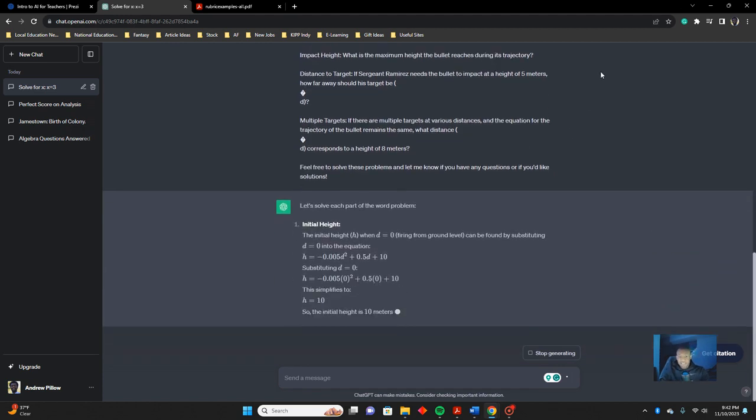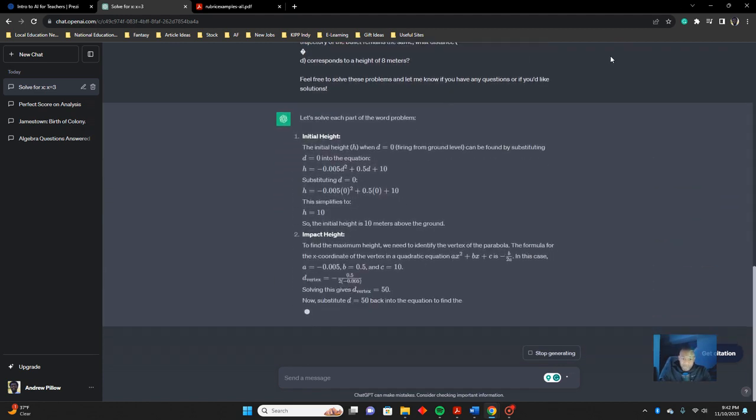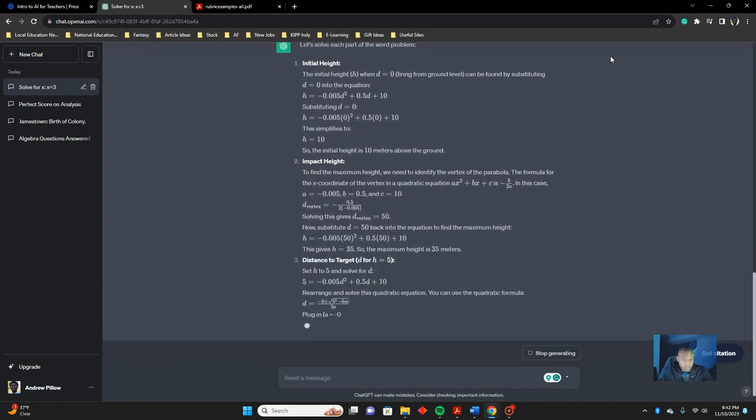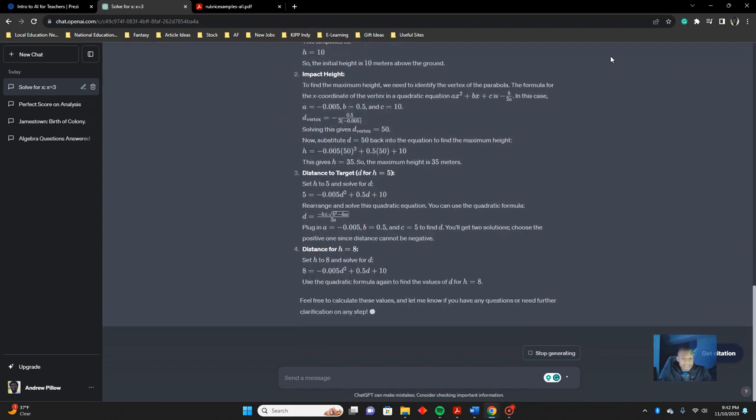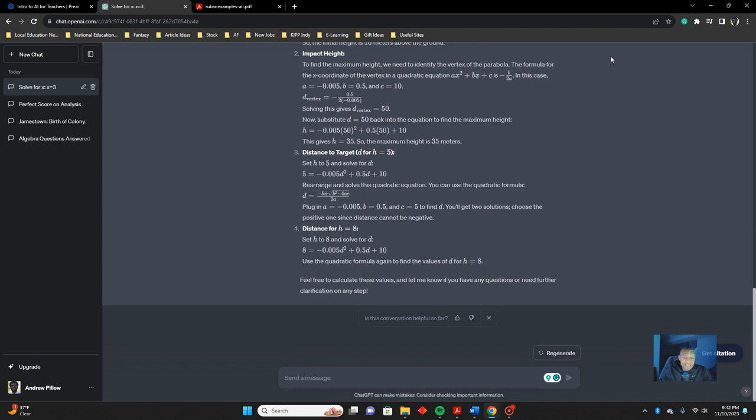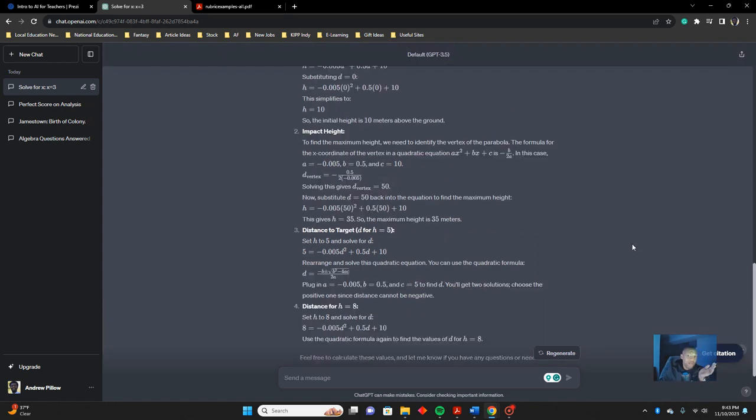And just like it did with the other problem, it's solving the problem. It's walking through the steps, okay? And it's not just going through the steps with numbers. It's actually literally saying the steps out loud. Again, it did this all in about 1 second.